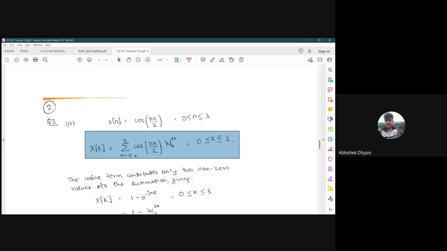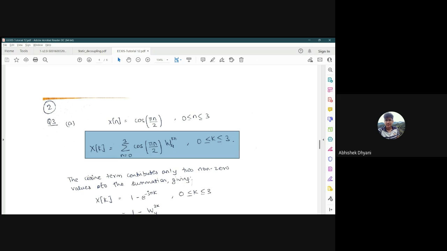We know that cos(pi n by 2) will only be non-zero for n equal to 0, because then it will be cos 0, that's 1. And then also when I put n equal to 2, it will become cos pi, which is minus 1. For n equal to 1 and for n equal to 3, this will become 0, right?